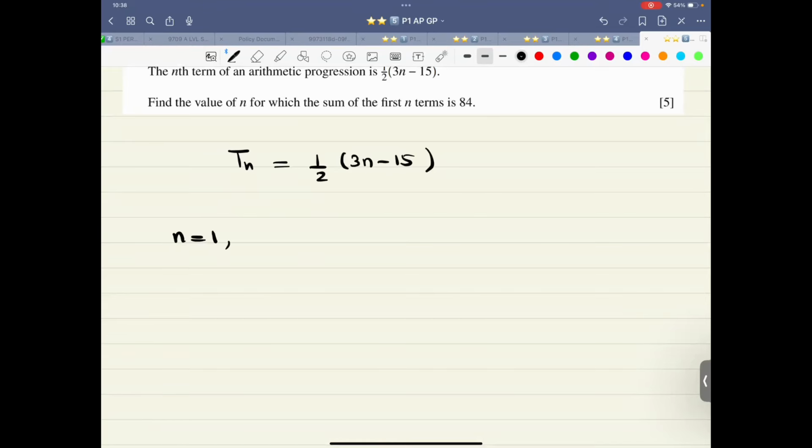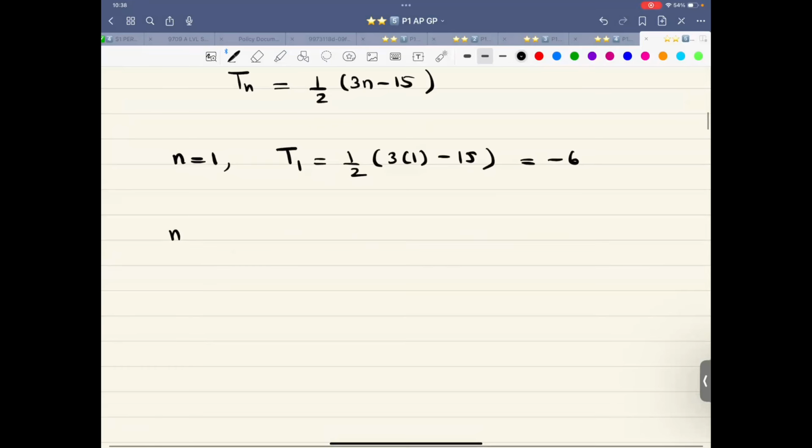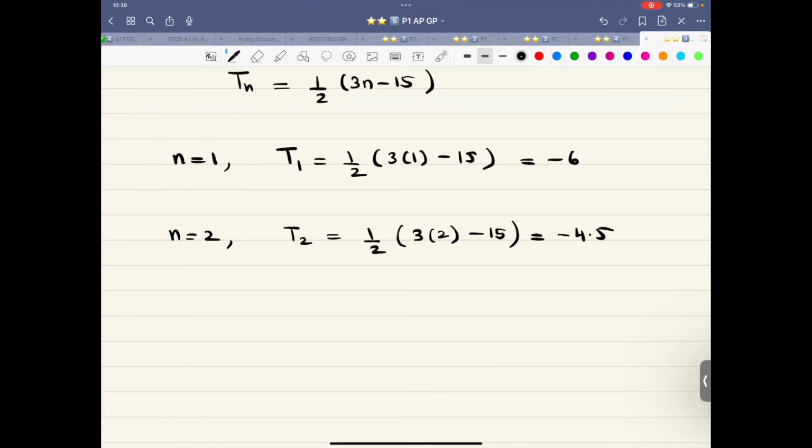If I choose n as 1, T1, that is the first term, that is half 3 into 1 minus 15, negative 12 over 2, that is negative 6. If I choose n as 2, T2, that is half 3 into 2 minus 15, 6 minus 15, negative 9 divided by 2, negative 4.5.